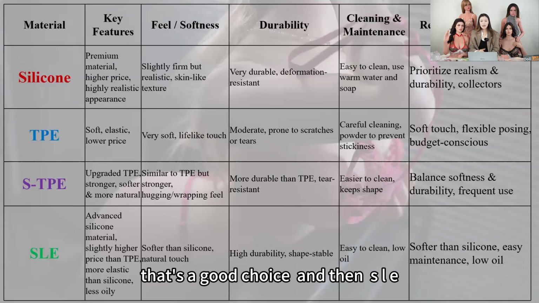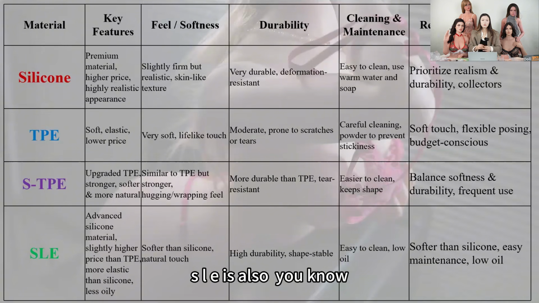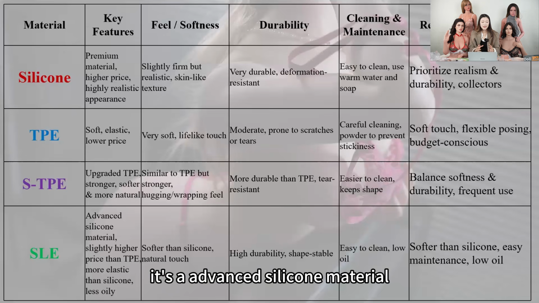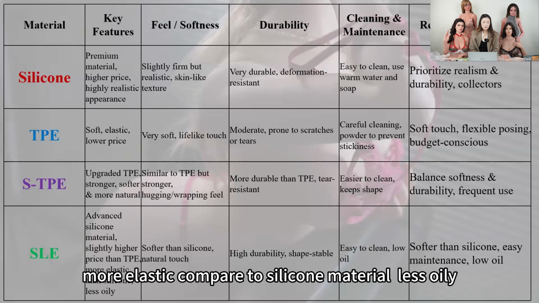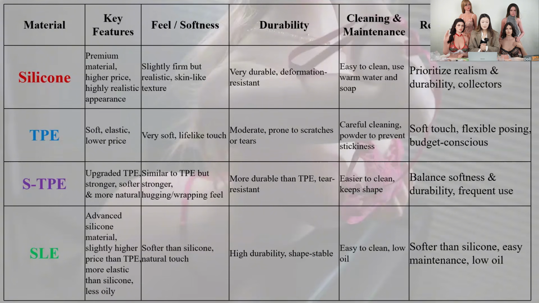And then SLE. SLE is also a silicone material, but it's kind of like a TPE feeling, like what I said in the video. It's the advanced silicone material. It's a higher price than TPE and cheaper than silicone. Yeah, more elastic compared to silicone material, less oily.